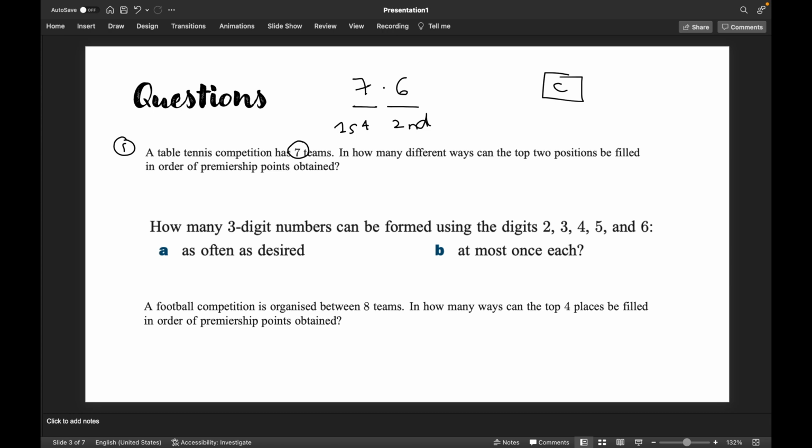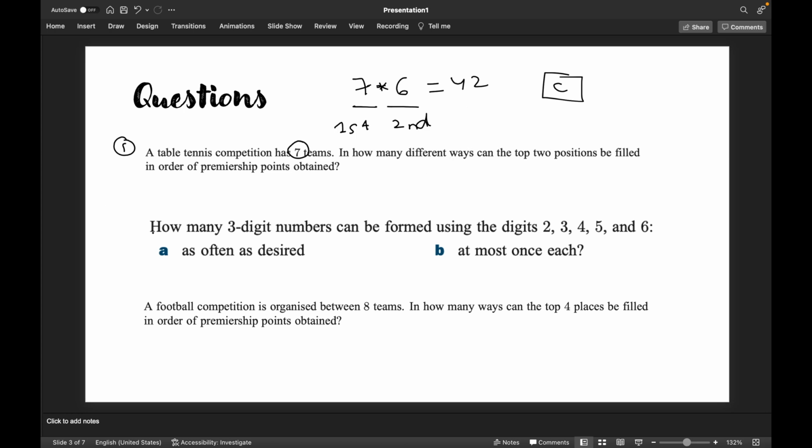So what we need to do right now is multiply them because of the product rule, and now we're going to get 42. So that's the answer. Because the first position can be filled by 7 teams, but for the second one, it can only be filled by 6 teams, because a team cannot fill the first and the second position.